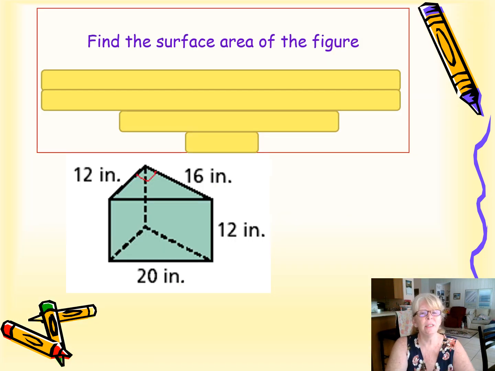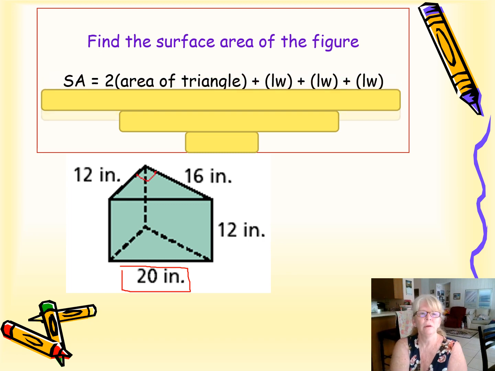Okay, and this is the one I was telling you. When we got here, you would see that now I'm giving you that hypotenuse. It had nothing to do with the volume, so that's why I left it off. But in order to do surface area, we do need to have that. So I'm going to reveal the formula. Surface area is two areas of a triangle plus length times width plus length times width plus length times width.